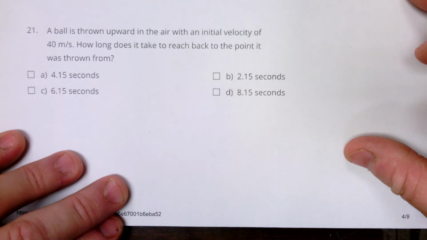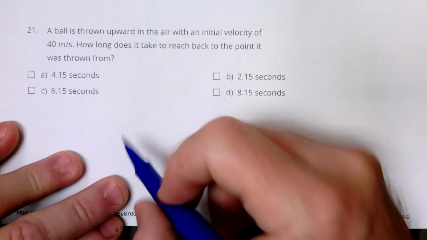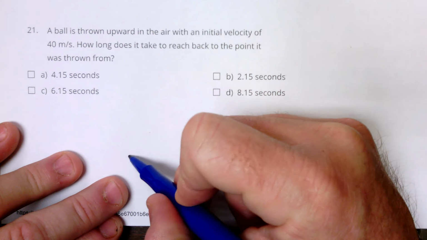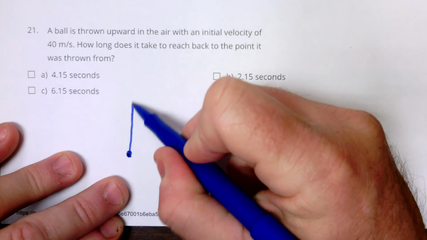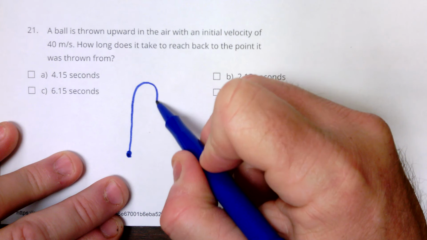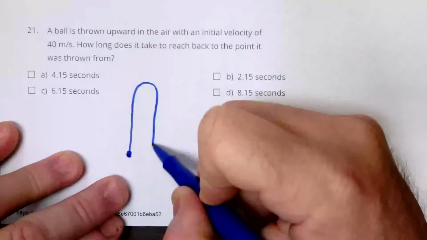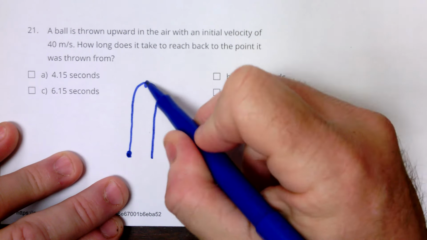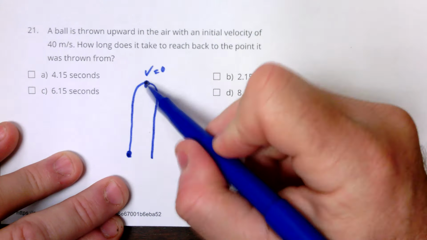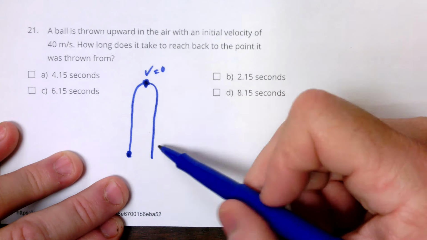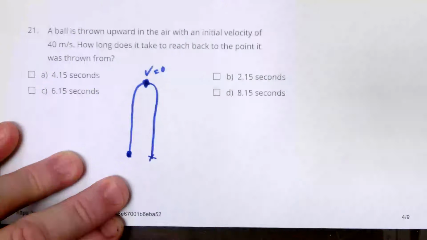So here we've got a ball that was thrown up in the air with an initial velocity of 40 meters per second. At the top, velocity is 0. How long does it take to reach the point back to where it was thrown from?